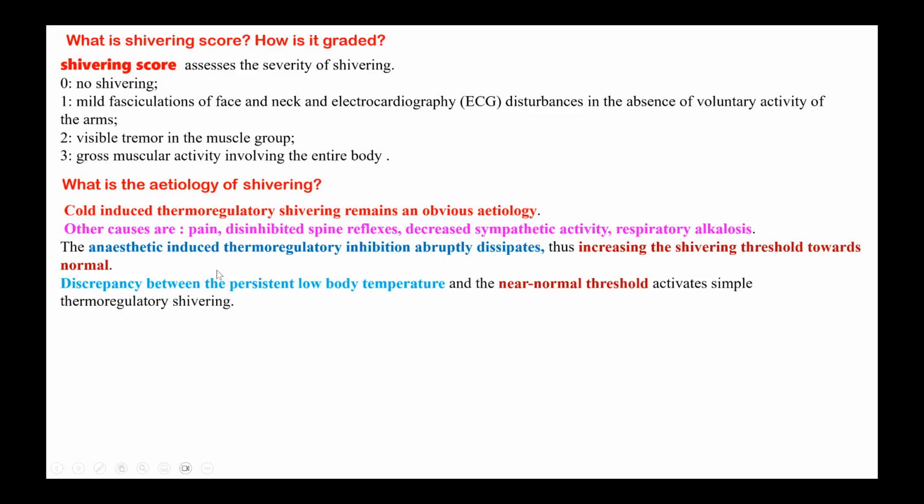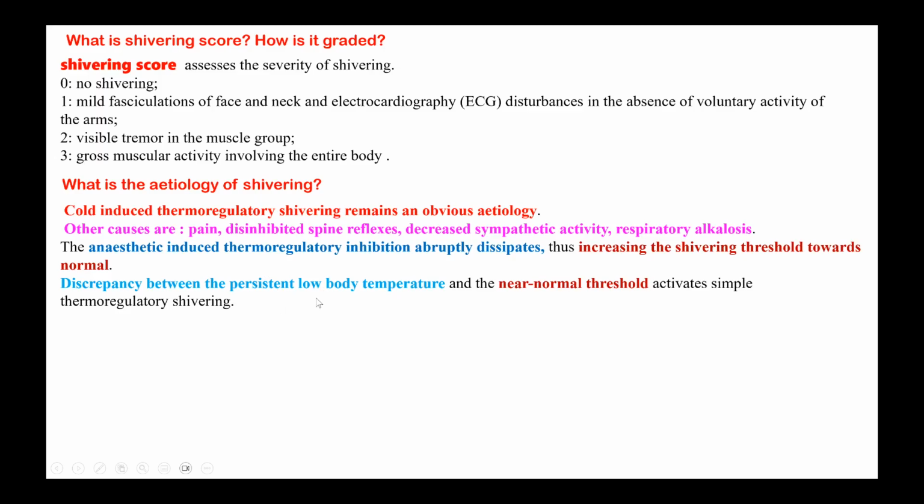And once the body temperature has fallen and the inhibition has suddenly stopped, the resetting of the threshold at the hypothalamus takes some time to come back to normal, because the core temperature has to come back to normal. At that time, the shivering will continue even if the patient's surface temperature is improved.